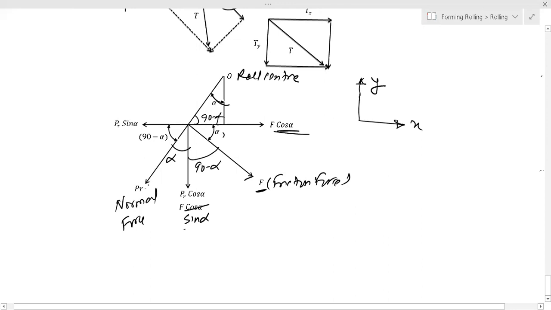Again, PR will resolve into two components, one along the x-axis and the other along the y-axis. So this is your alpha, so PR cos alpha, and this is your PR sin alpha. Right? So what is the horizontal component of force? Horizontal x is F cos alpha minus PR sin alpha.